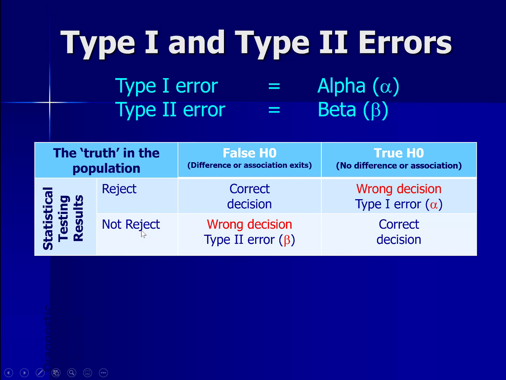The same here: if in reality there is an association but we do not reject the null, we are making a wrong decision, which is type 2 error. So these are the definitions of alpha and beta, both the probability of error in deciding to reject or not reject the null hypothesis. It resembles this for type 1 and this for type 2.